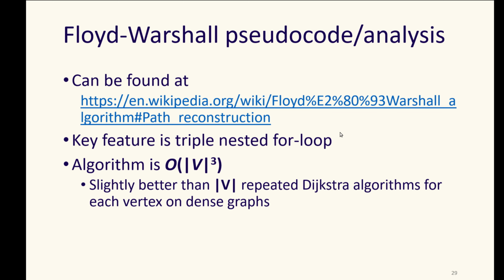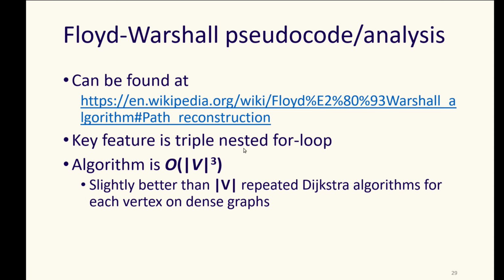It's slightly better than doing repeated Dijkstra calls for every vertex if it's a dense graph. So if we do need these all pairs answers, it actually is a little better than doing Dijkstra on a graph that has a large number of edges, because Dijkstra's performance relates more to the size of the edges, where Floyd Warshall will deal more with the number of vertices.